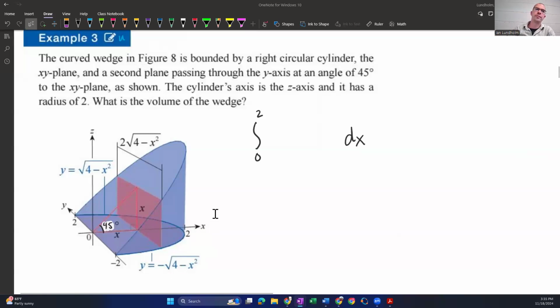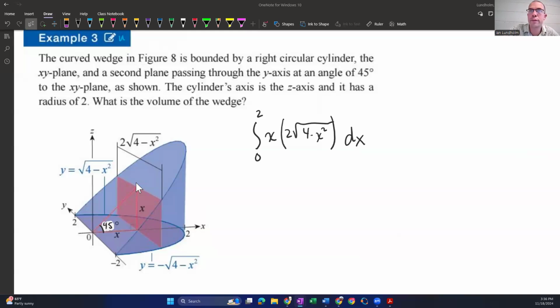So if we're calculating the area of the rectangle, since this is at a 45-degree angle and we're moving along this way, if we call this value x, then this height is also x as well. So we could go x there for, let's say, the length. And then the width of the rectangle is 2 times the square root of 4 minus x squared.